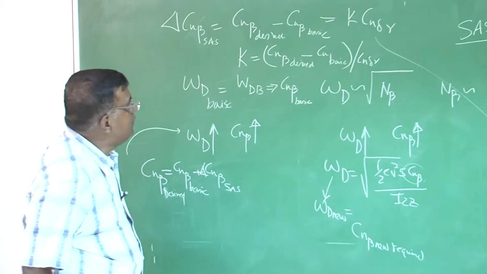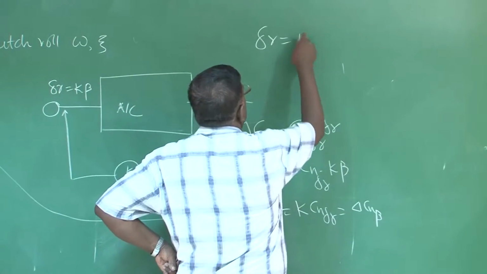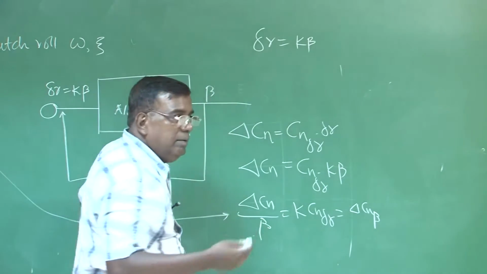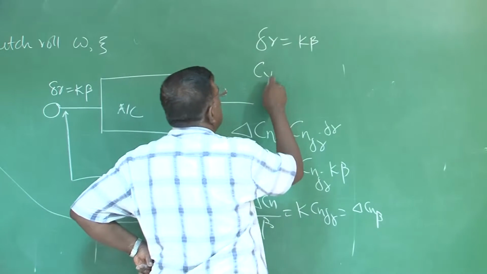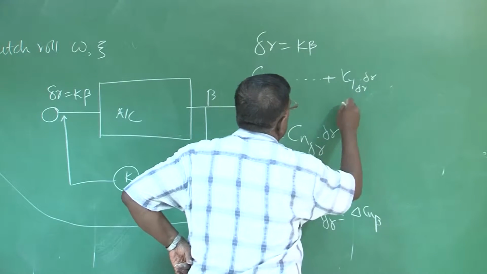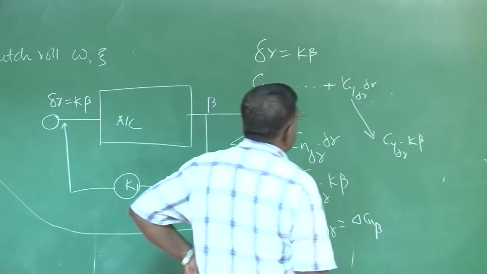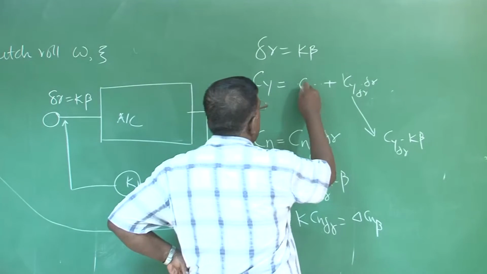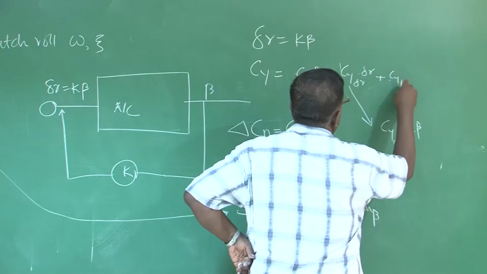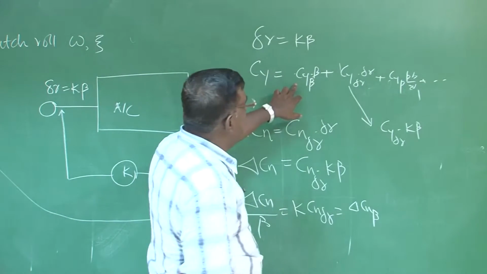Okay, so now the next question comes: if I am deflecting delta r as k beta, then what happens? Is there any other derivative that gets affected? See that in Cy, we have one term called Cy delta r into delta r. So this will now get an additional effect, Cy delta r into k beta. So here we had Cy beta into beta, there may be Cy p into pb by 2V or 2u1, and so on.